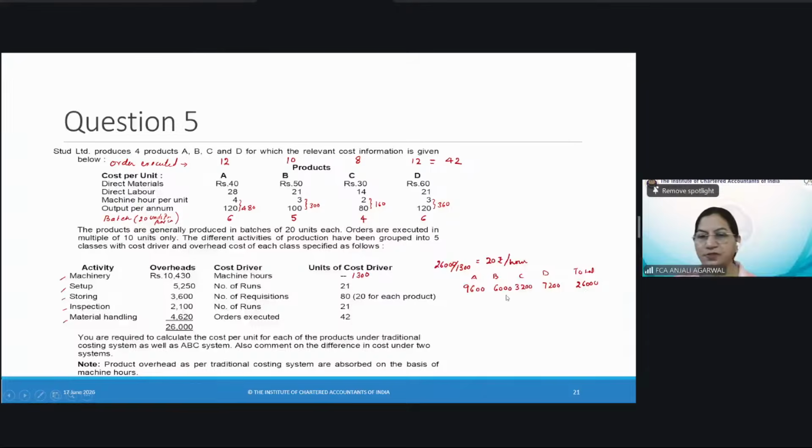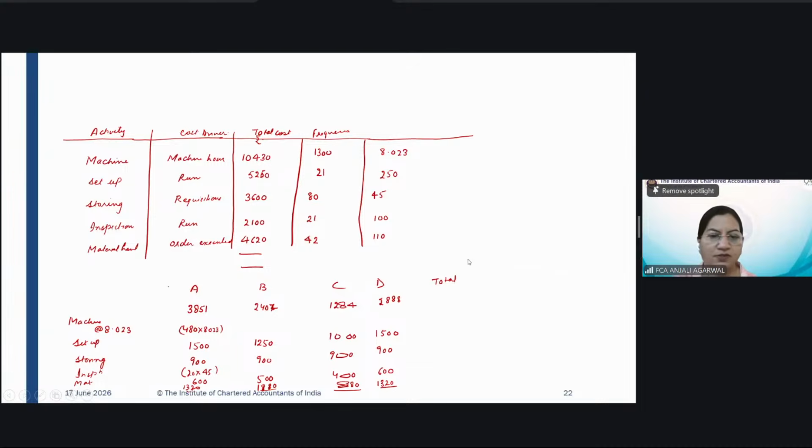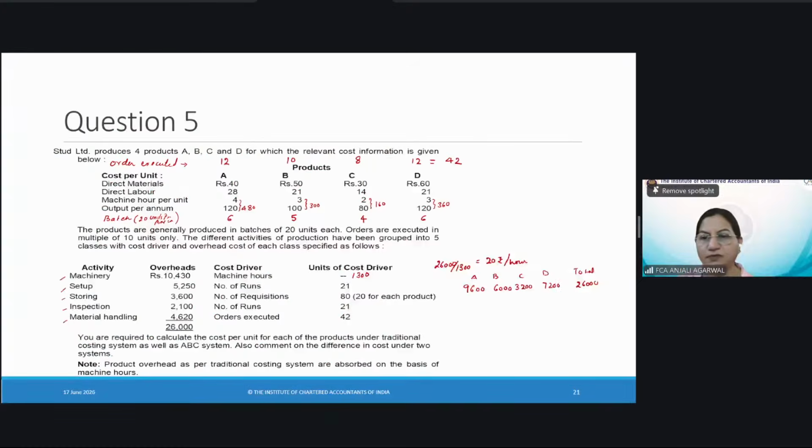However, under ABC, we have come across the answer as 3,851 plus 1,500 plus 900 plus 600 plus 1,320 for A. It's 8,171. Under traditional, under ABC.